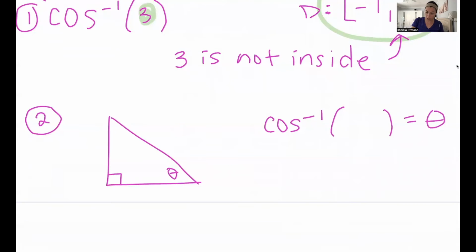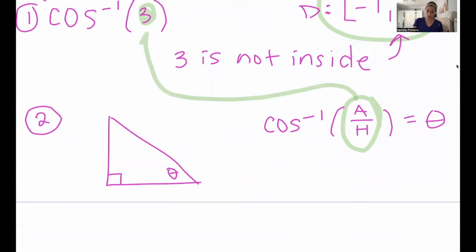In general, it's the ratio. And remember, in SOHCAHTOA, A stands for adjacent and H stands for hypotenuse. So adjacent over hypotenuse.